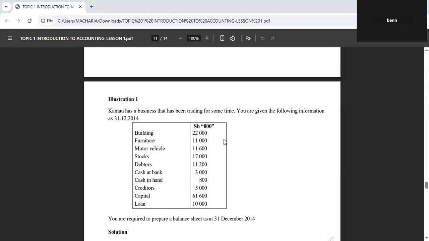Furniture are long-term assets. Motor vehicle are long-term assets. Stocks are current assets. Debtors are current assets. Cash and bank, current assets. Cash in hand, current asset. Creditors, current liabilities. Capital is capital. Loan, long-term liability. So when you add these up, they should be the same as the rest above.